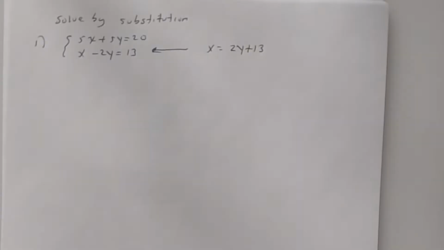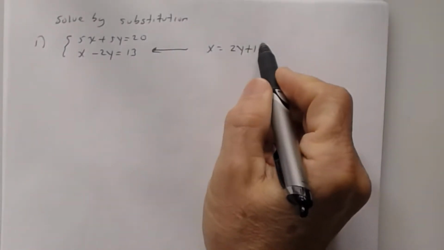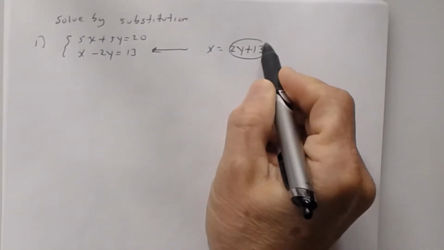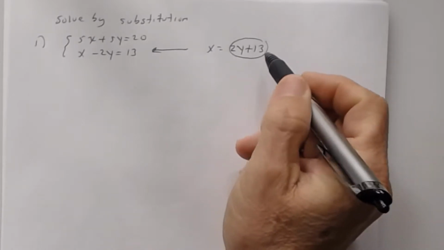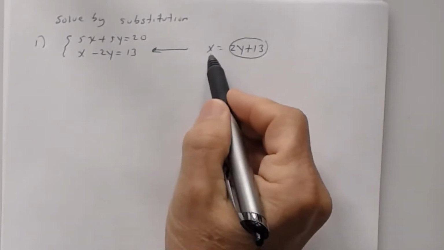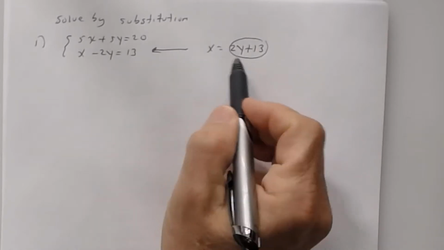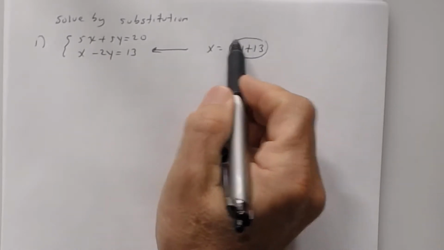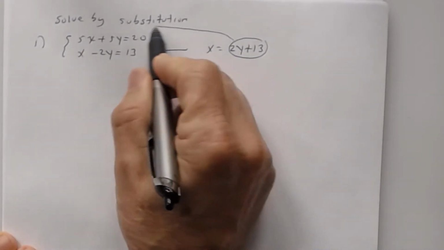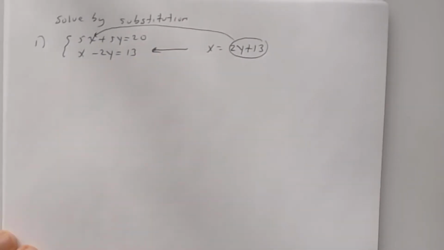Now you circle this expression, and then what do you do to that? In place of x in the other equation, you're going to substitute 2y + 13. So in place of that variable x, I substitute 2y + 13.